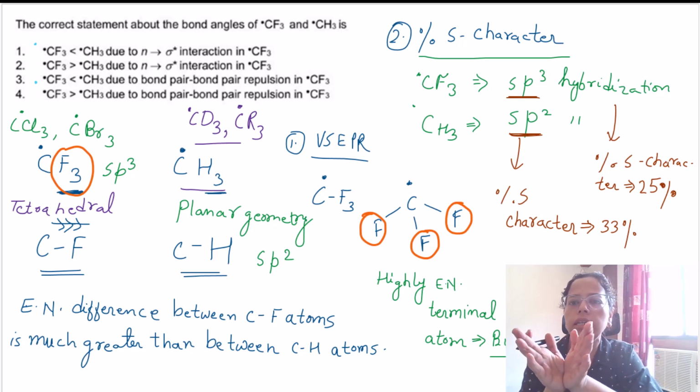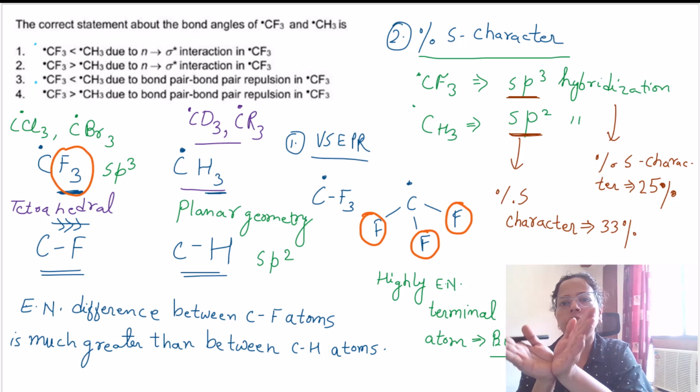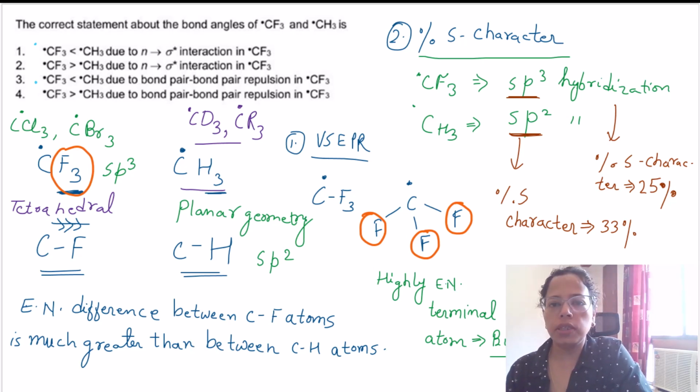That means an increase in the bond angle, not a decrease, because of which the bond pairs should spread out. So this bond pair repulsion should not be the reason for the lower bond angle in the CF3 radical.